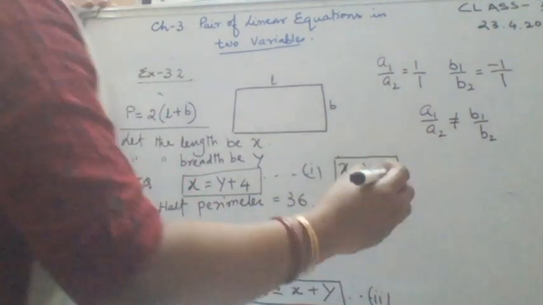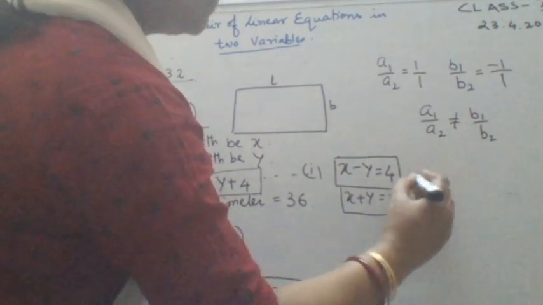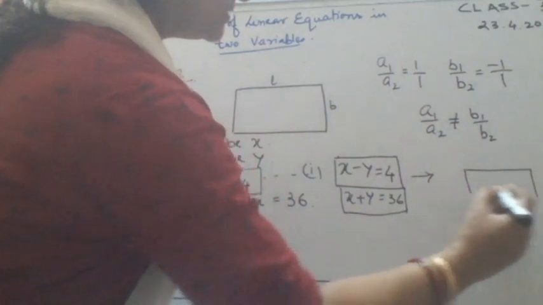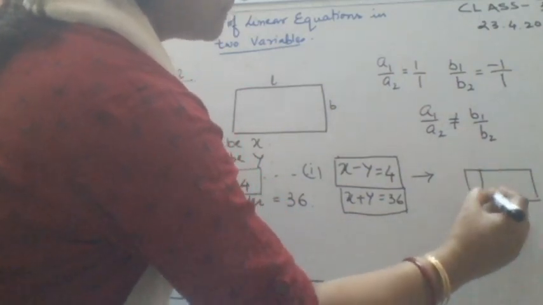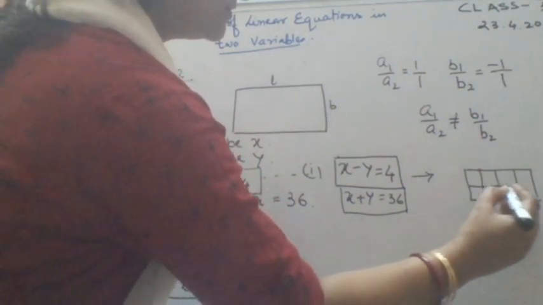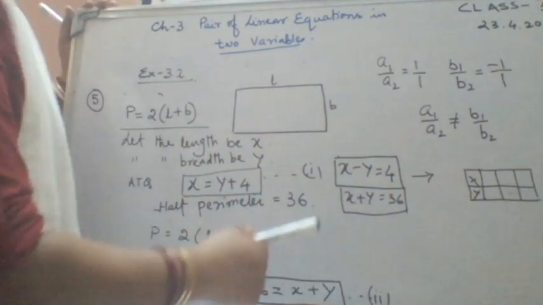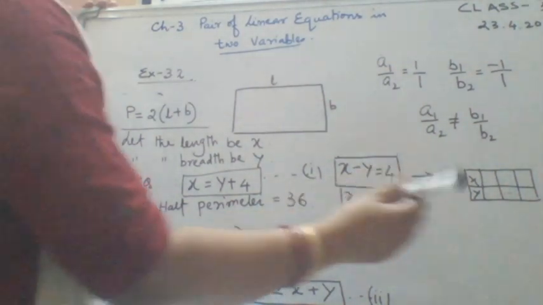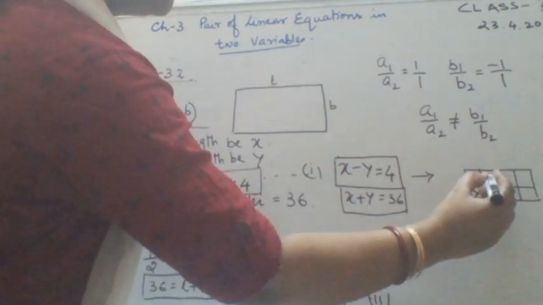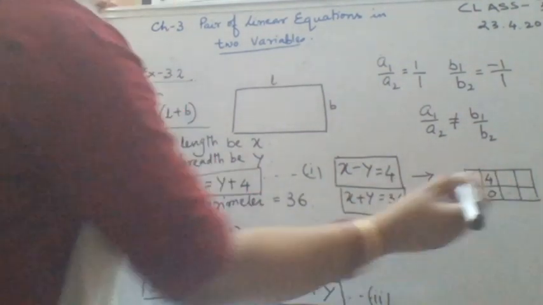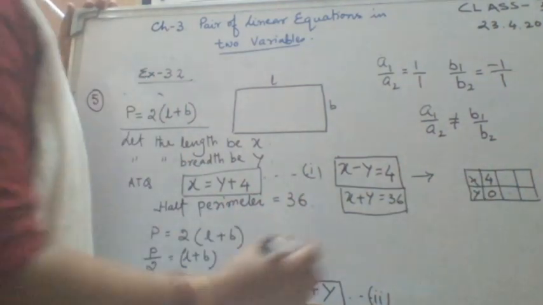Now in order to get the points from the first equation, let us write down the table directly. We can do so because the equation is very simple, x and y. If y is 0, x is equal to 4.